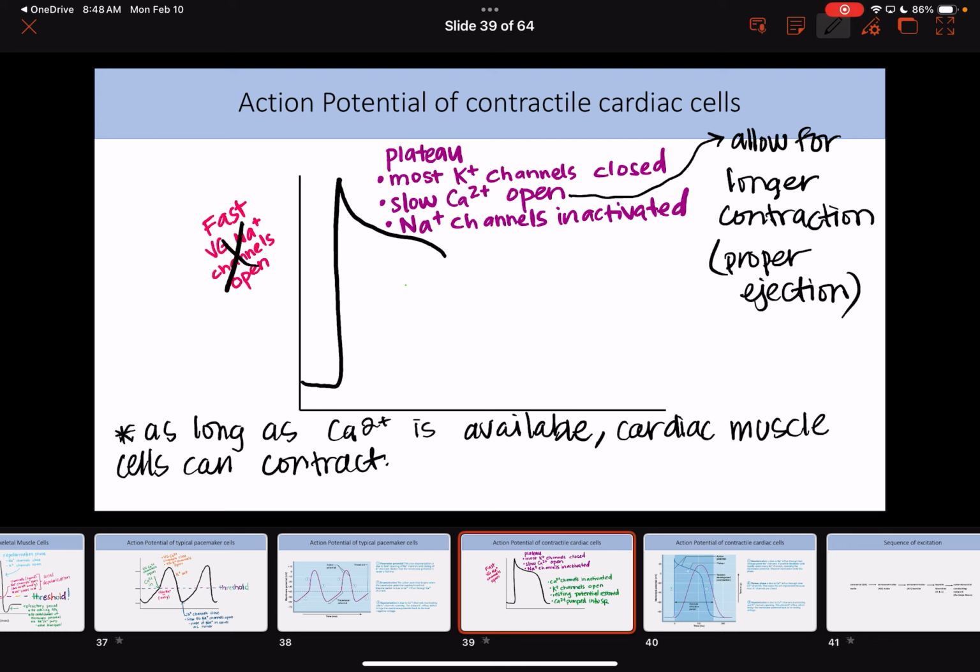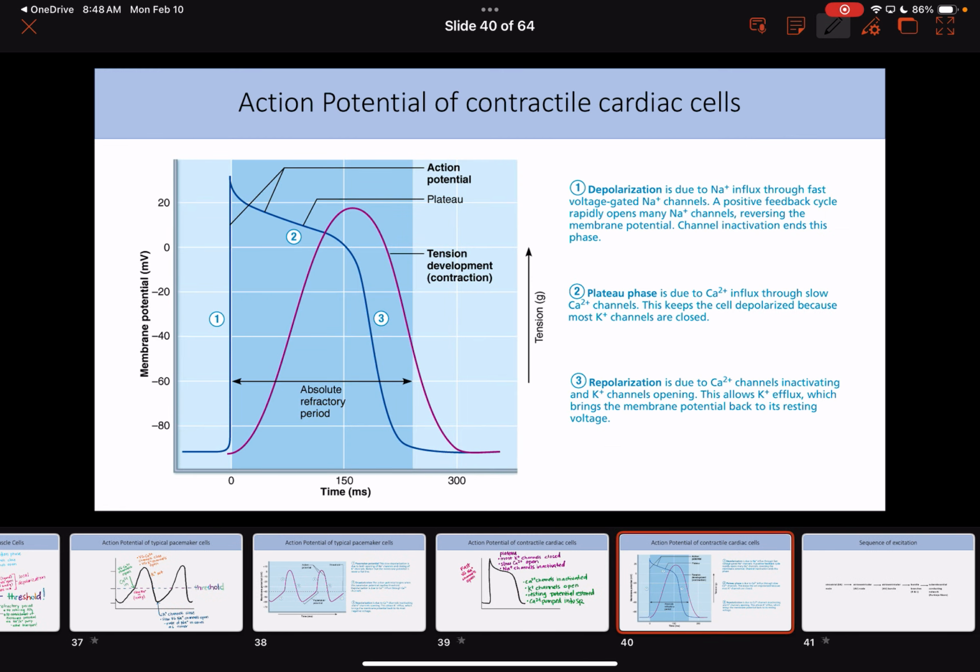And because we have this plateau, and because the action potential is lasting longer, I'll show you the next slide, and then I'm going to come back. Because the action potential is longer, the refractory period is also longer. This means there's a longer amount of time where another action potential cannot be sent.